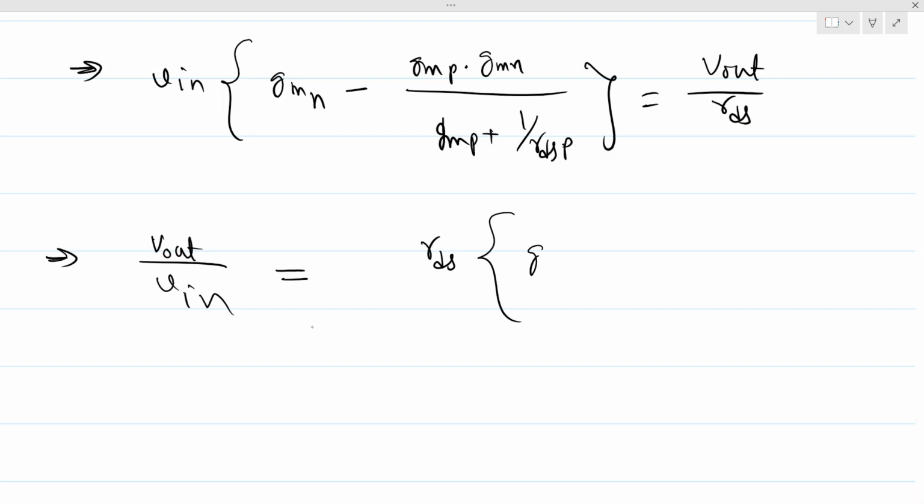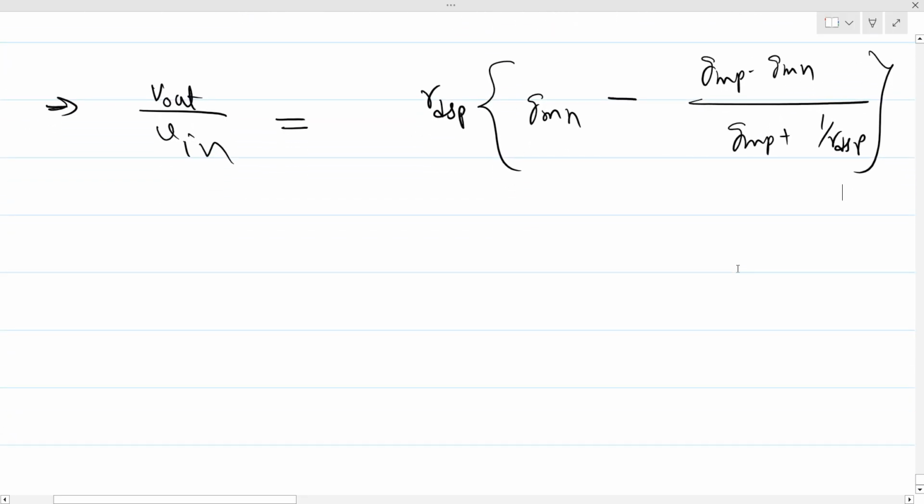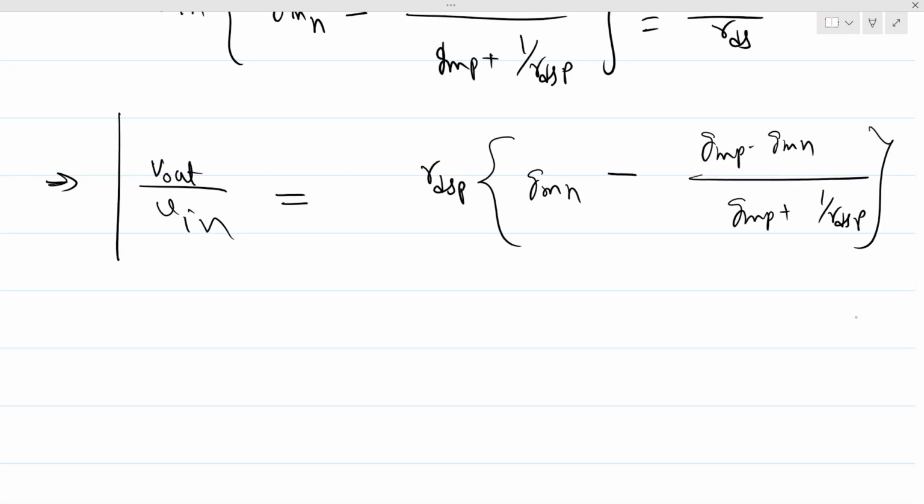Okay, so GMN minus GMP divided by GMP plus 1 by RDSP, right? RDS of P here. Okay, so now let's make some small assumptions. Okay, so this is the small signal gain. So this is the final expression we have.